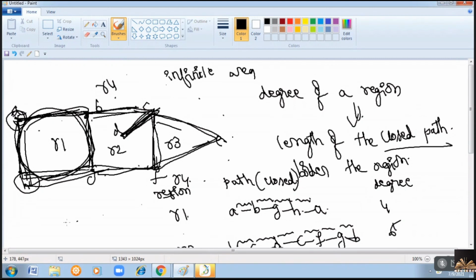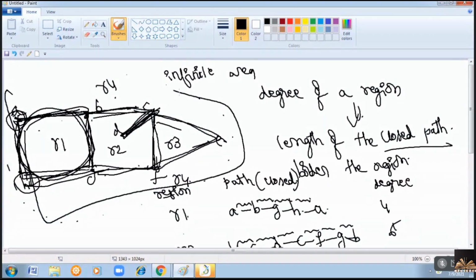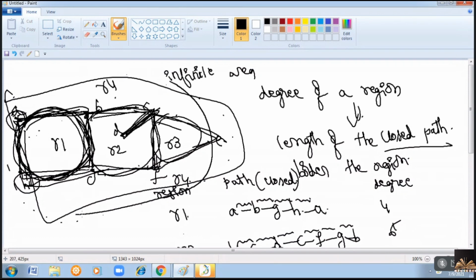Let us suppose this is your plane. On this plane, this enclosed area you know. Similarly, the enclosed area of R2 and R3 are also known. But the area of this region is not known.